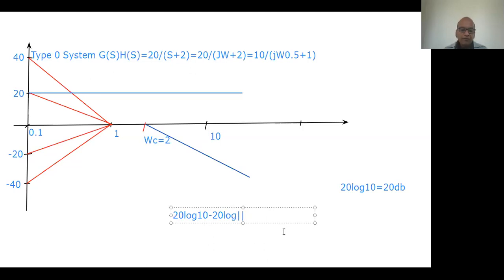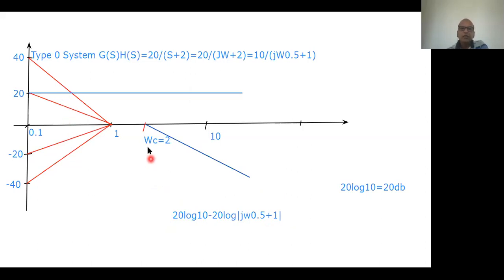This is the resultant magnitude. Then draw the asymptotic magnitude plot by taking the addition of these two.